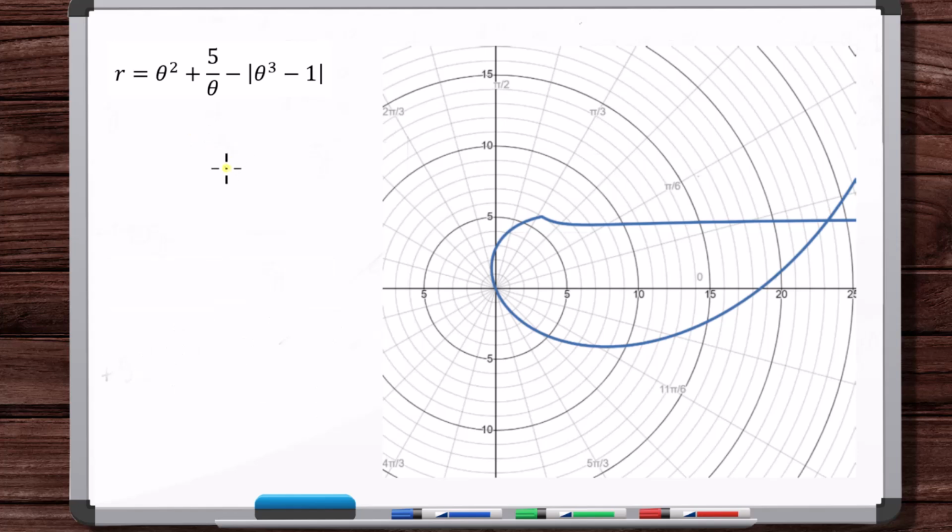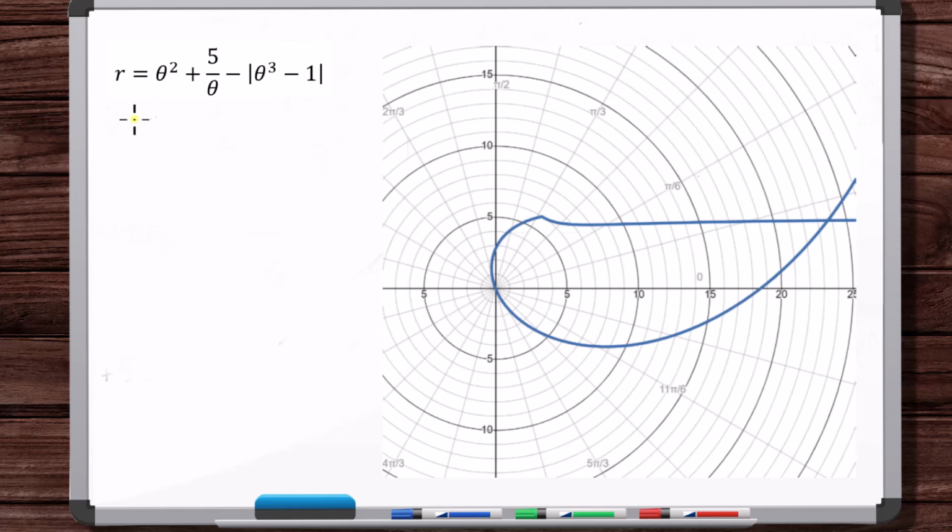Okay, let's shift. Here's the basic function. Here's the plot of this. Let's shift this in the theta direction. The positive theta direction will do, so this is pi over 6. We'll do pi over 12. So we'll shift it this amount in the positive theta direction.